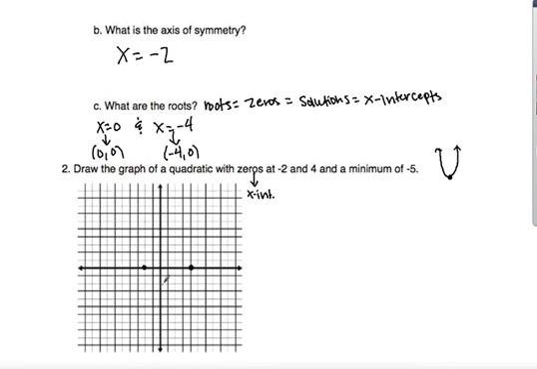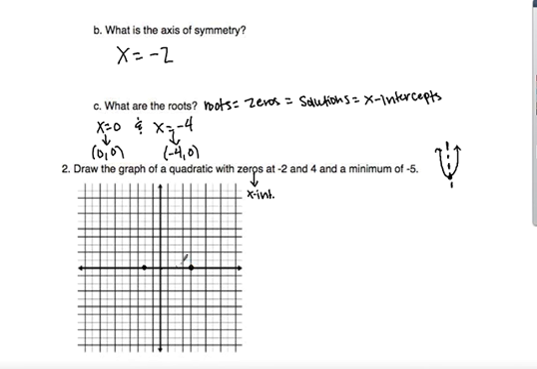So I know that I can put my axis of symmetry right through that vertex. That axis of symmetry is going to split our parabola in half. Now if I know where my roots are, I can figure out how much distance is between them. If I'm here at -2, that means there's 1, 2, 3, 4, 5, 6 places in between this root at -2 and this root at 4.